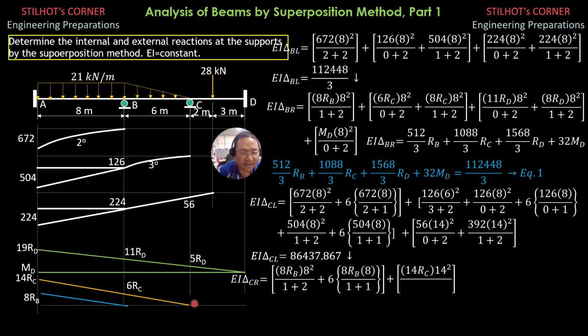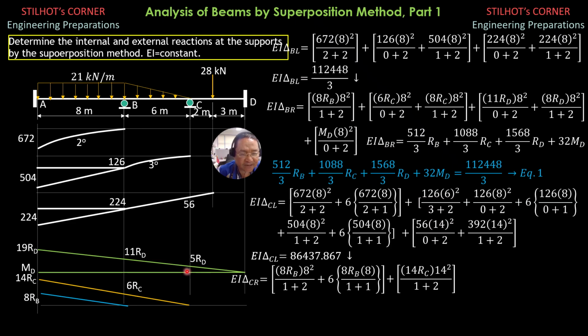That's for RC. And for this moment diagram by parts, let's begin with a reaction. So imagine we have couple of 5RD and 19 minus 5RD is 14RD. Moment which is due to couple 5RD and due to reaction of 19 minus 5, so 14RD. So due to deflection only.